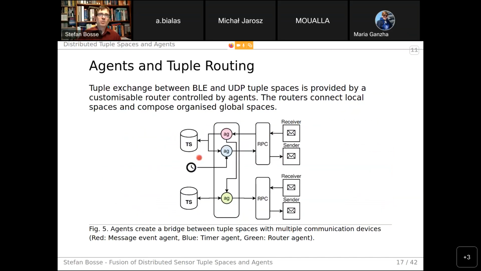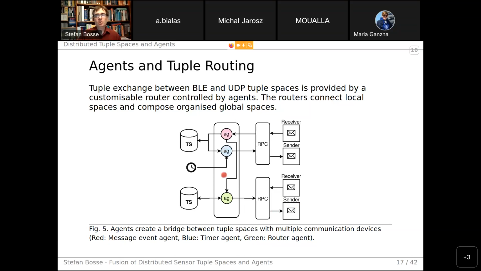So here you see the basic concept, the agents and the tuple routing. That means here we have two devices or two communication endpoints, for example, here Bluetooth and here UDP. And each device and each communication technology has its own tuple space. It's just a temporary storage of data.